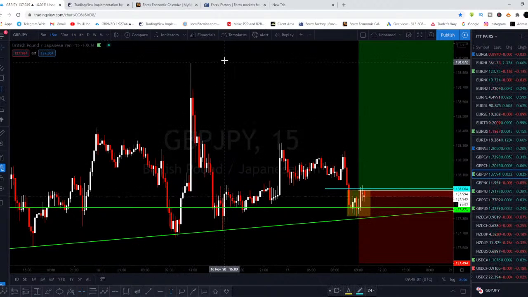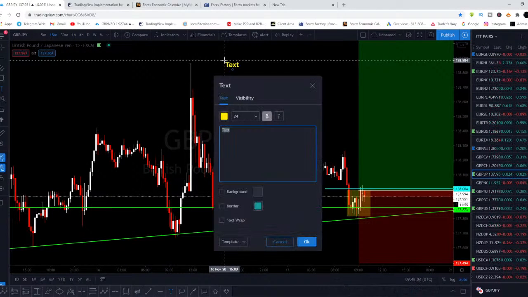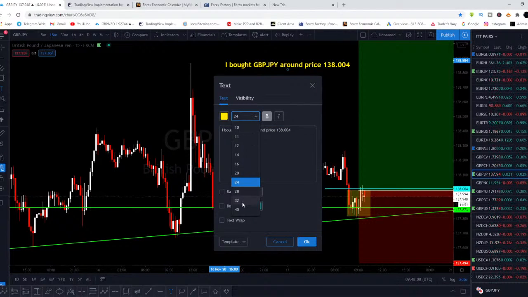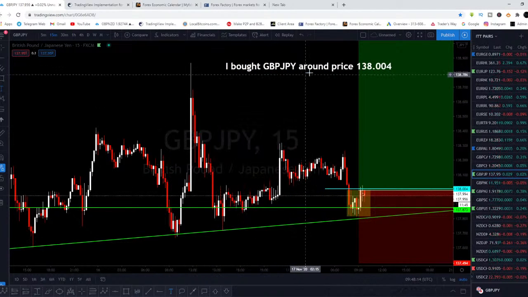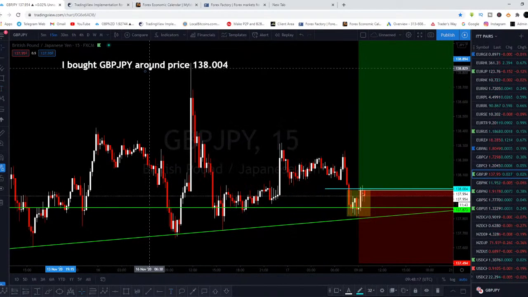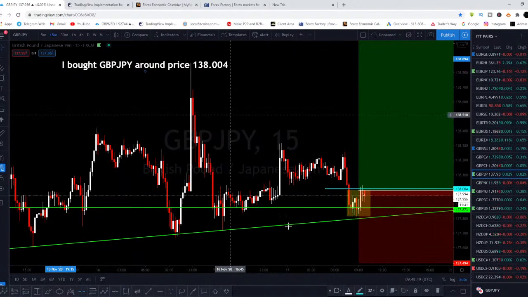So I bought GBP/JPY around that price. I'm gonna make it 32. I'll make it white. Boom, there we go.